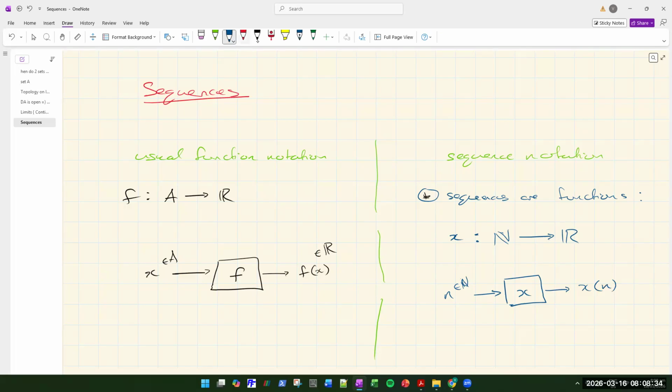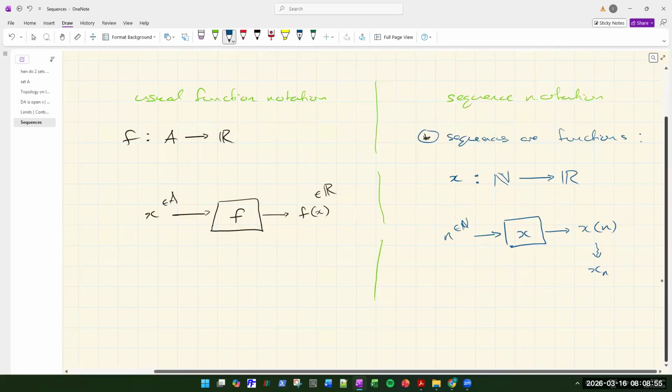Now, the notation that we usually use, instead of x of n, is simply x sub n. And the sequence is usually written as a list.